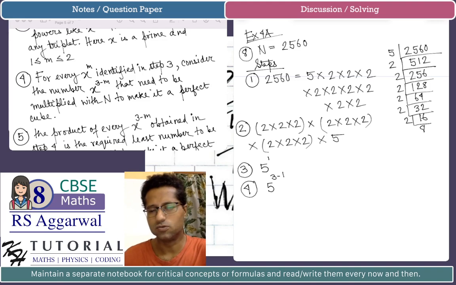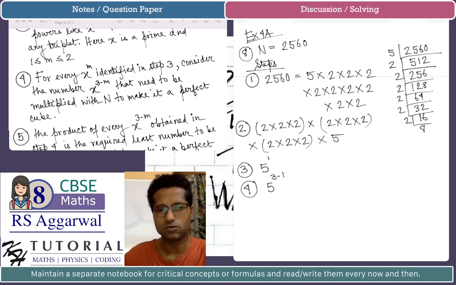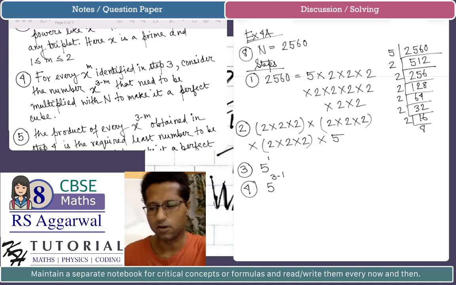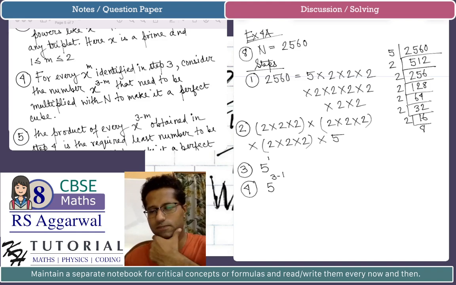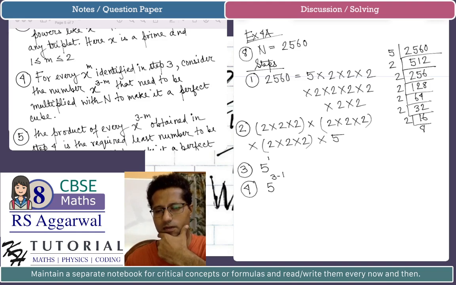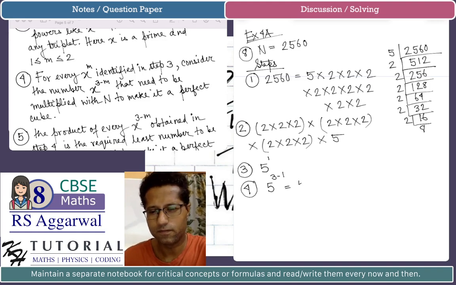For this problem, in step 3 we found only 5 to the power 1. So in step 4, 5 to the power 3 minus 1 is equal to 5 square.